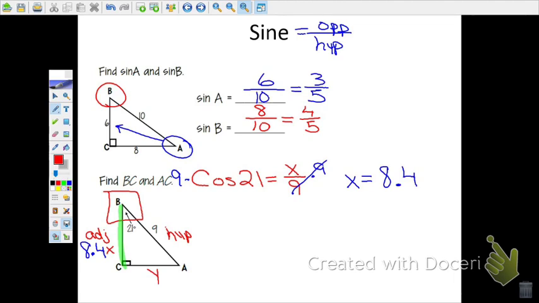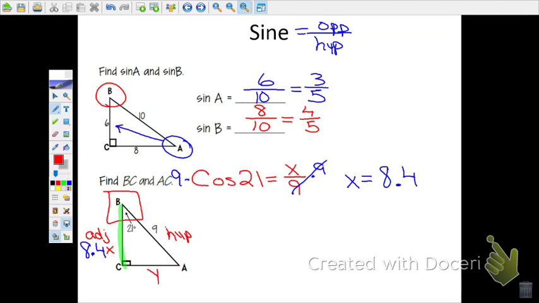When we do this, we have several options of which functions to use, because now we have 3 pieces. It is better, though, not to use this side that you just found, because if you made a mistake in finding x and then you use it in y, then y is going to be wrong too.